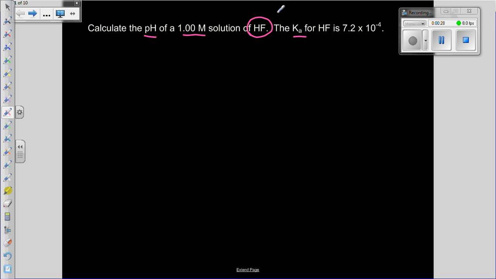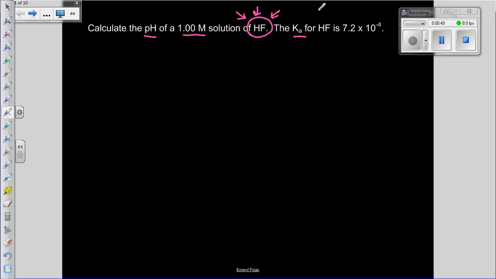So the first thing we have to do is look at the acid and ask ourselves if the acid is strong or if it's weak. Now, if you don't have your strong acids memorized, you need to do it now. But if you still refuse to memorize it, you can use a Ka.